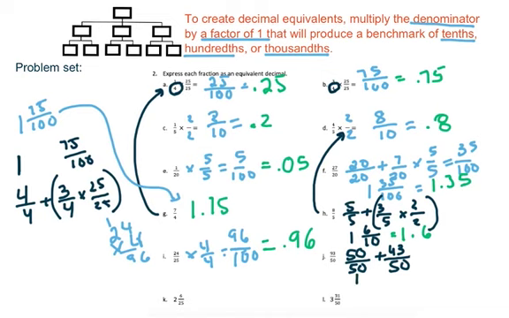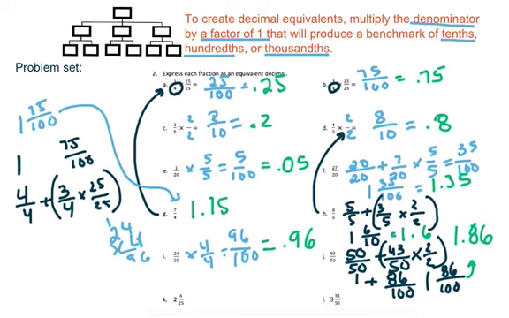What I want to do here is figure out how to get 50 to 100. So I'm going to multiply by 2 over 2. 43 times 2 would be 86 over 100. So this would be 1 and 86 hundredths. And if I wrote that as my decimal, it'd be 1.86.